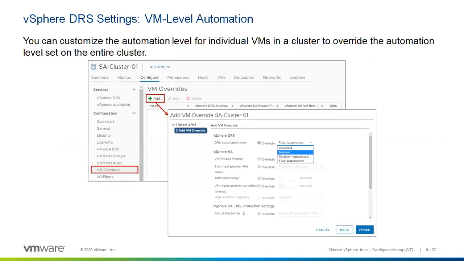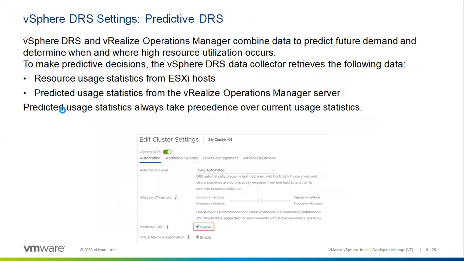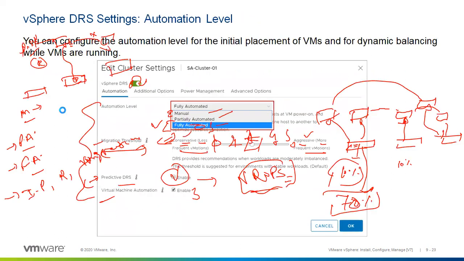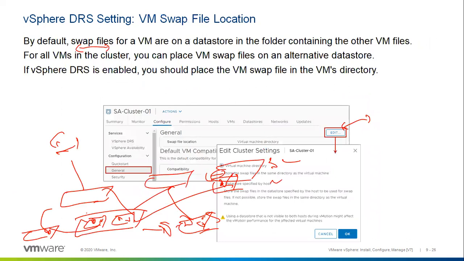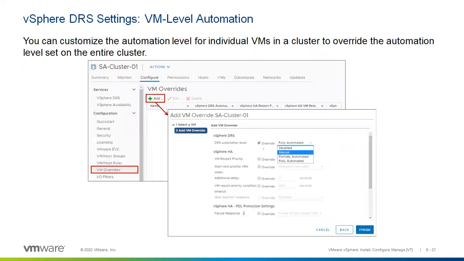All right. So in each rule, there are some exception rules also. For example, for the overall cluster, I have made this setting fully automated, VM monitoring enabled, and this level. But now I am saying there are some few VMs I don't want to follow the DRS rules. So here you see Add VM.